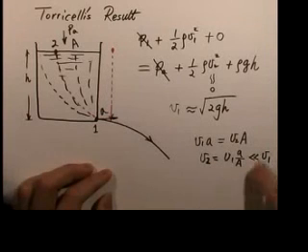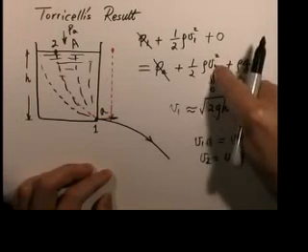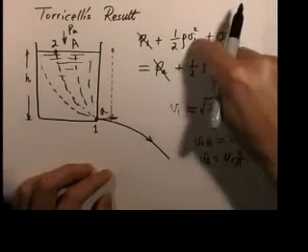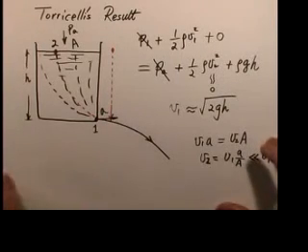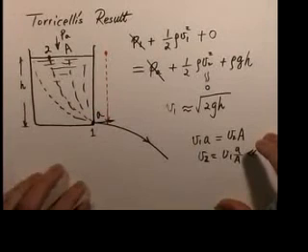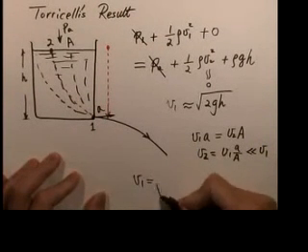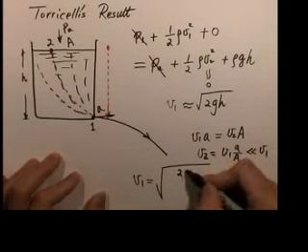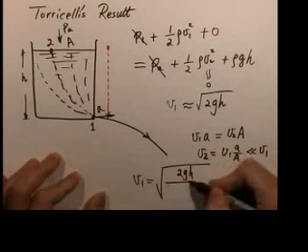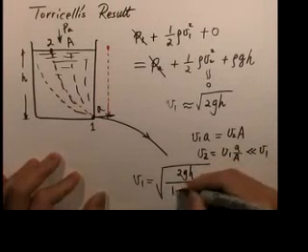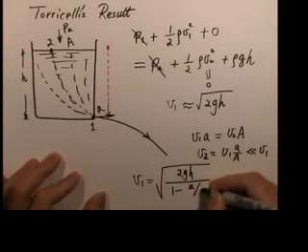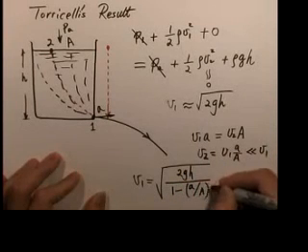We plug that back in here, we have a V1 squared here and a V1 squared here. We can actually solve for it. Okay, you get a more accurate result this way, and after you solve for it, this is what you get. V1 equals the square root of 2gh divided by 1 minus small a over big A squared.